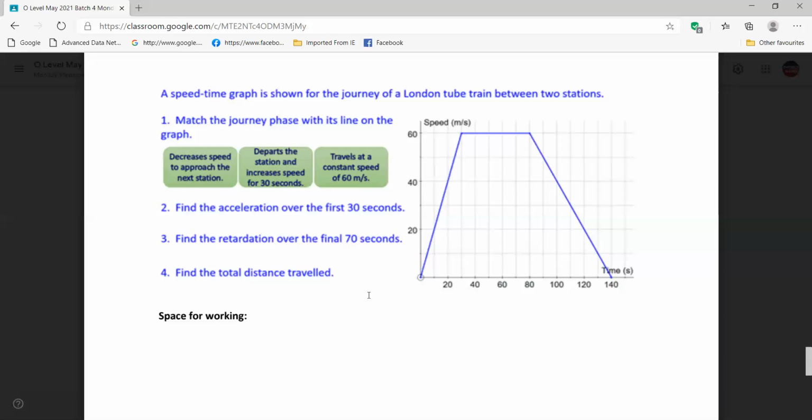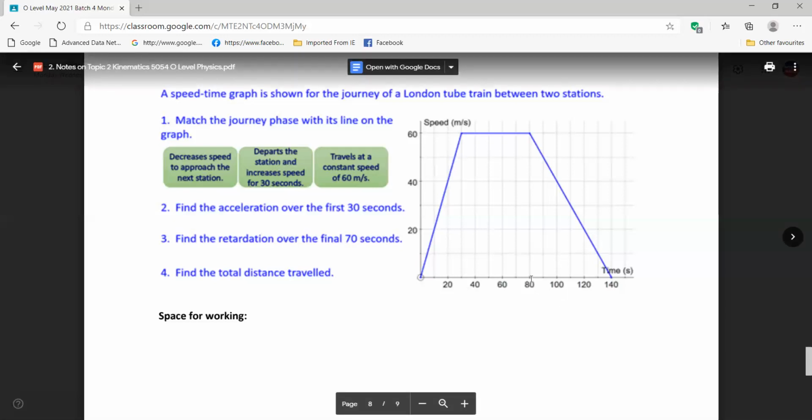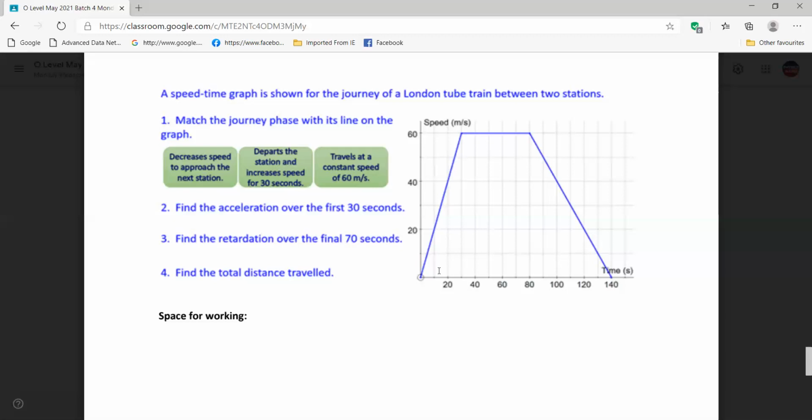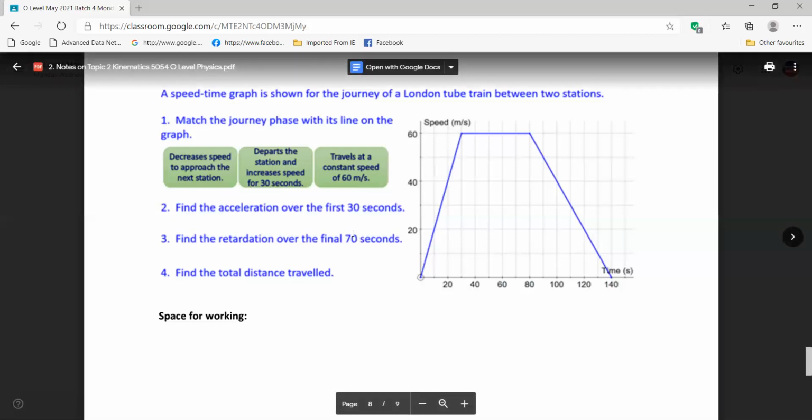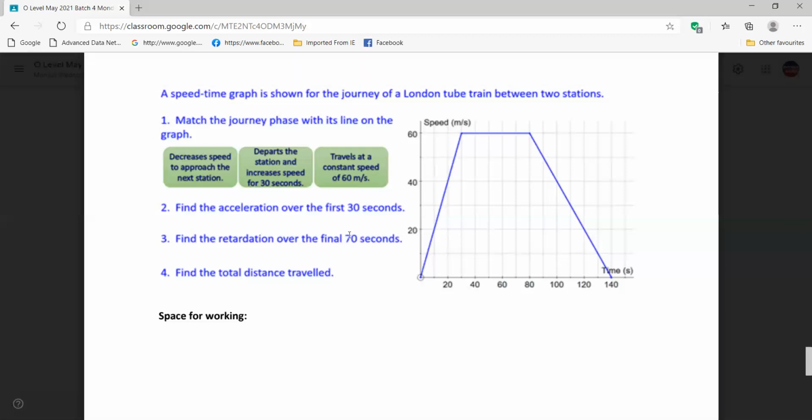Find the retardation. What is retardation, sir? The one you said, deceleration. Okay, sir. The retardation over the final 70 seconds. Sir, shouldn't it be 60 seconds? Yes, there is some correction. You take it as 60 seconds, not 70.